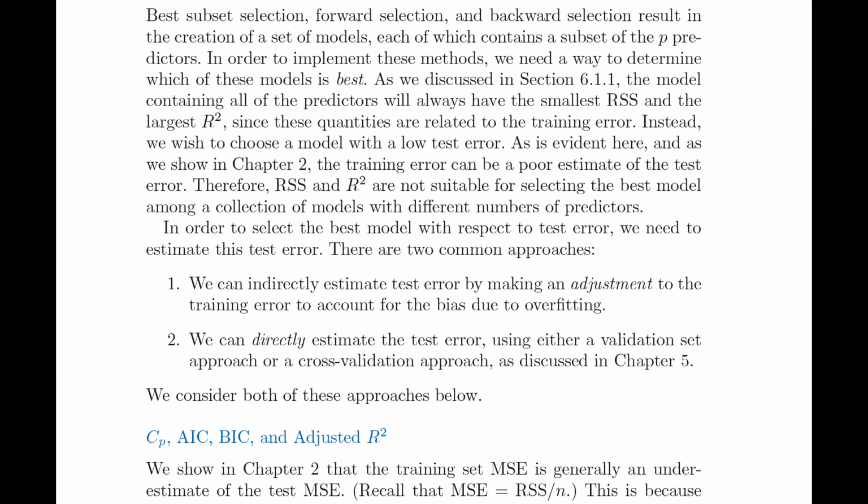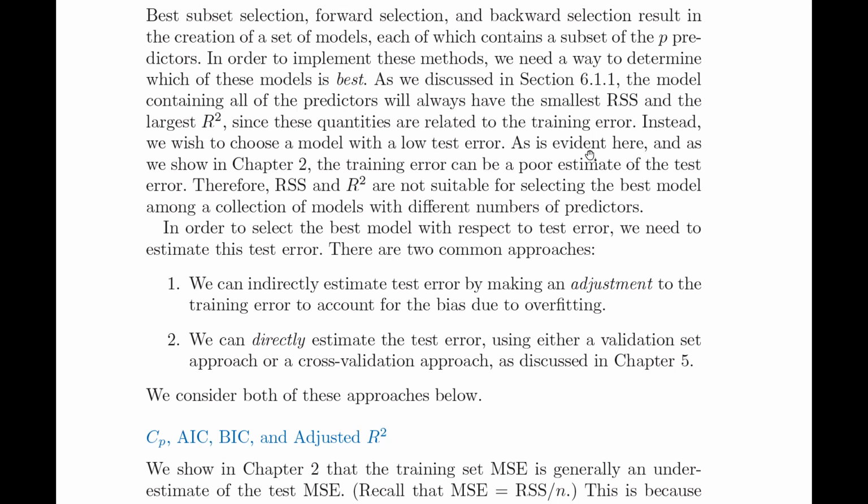I'm sure you know all these things, but even just for myself, what we're saying is, remember how least squares works. Least squares picks the parameters, the model fit, that give the smallest RSS.